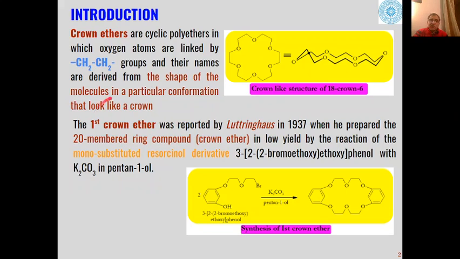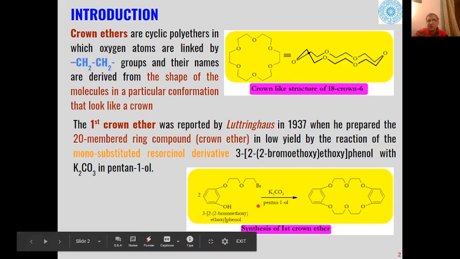The first crown ether was reported by Ludwig Haas in 1937 when he prepared this 20-membered crown ether. So what he did was he reacted a mono-substituted resorcinol derivative, this one, 3-(2-bromoethoxy)phenol.